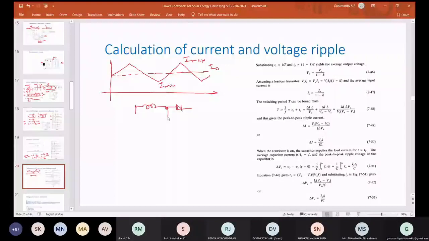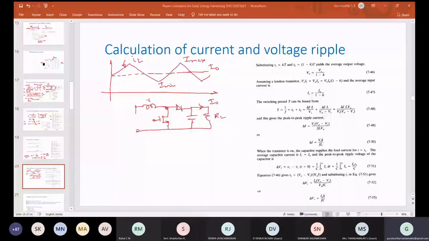Okay, so this is the load. So this is I naught. This is IL. IL is flowing through the inductor.